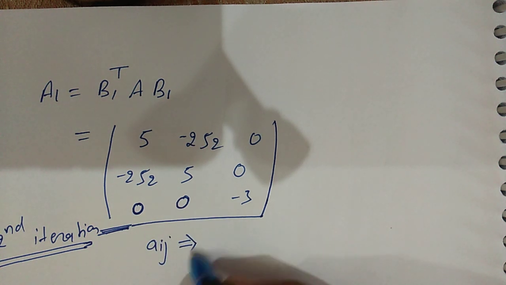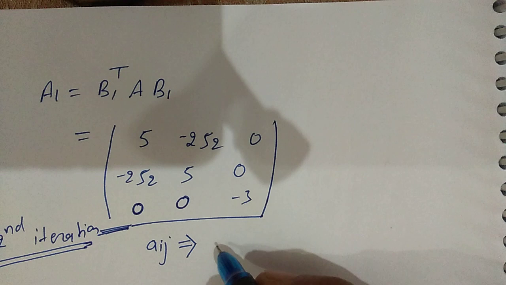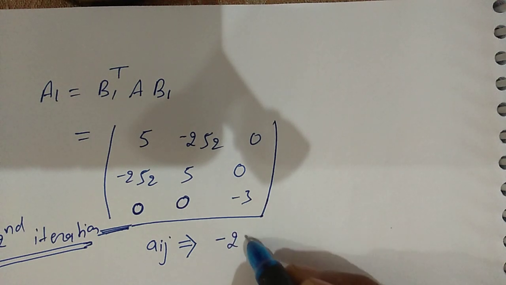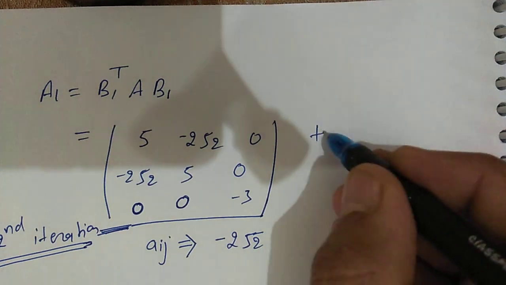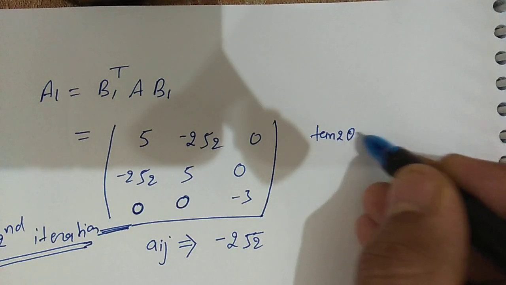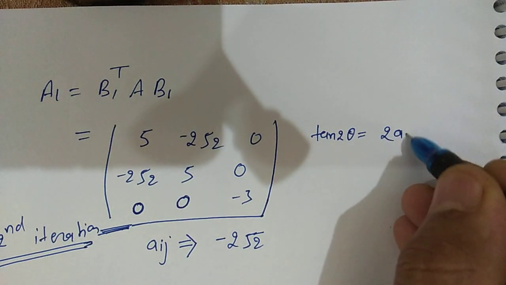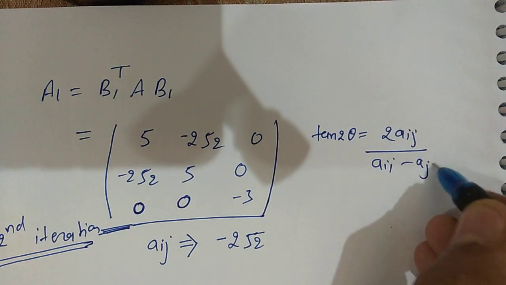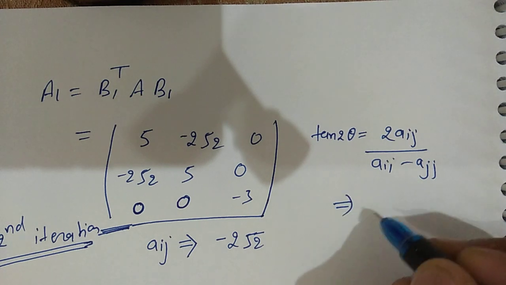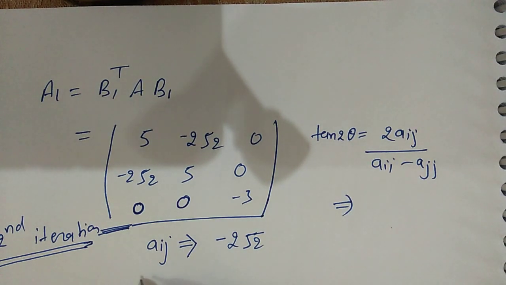Aij is the largest of the off-diagonal elements, that is minus 2 root 2, and tan 2 theta equal to 2 Aij by Aii minus Ajj.